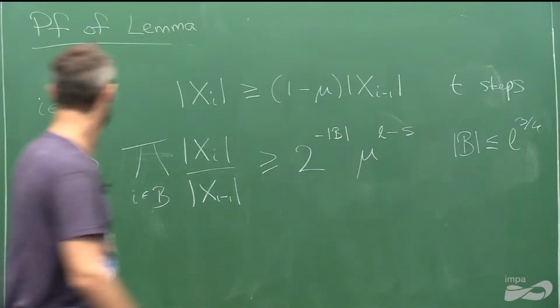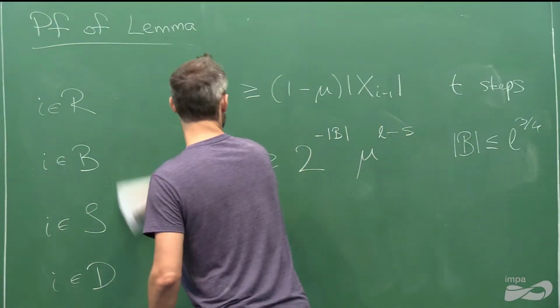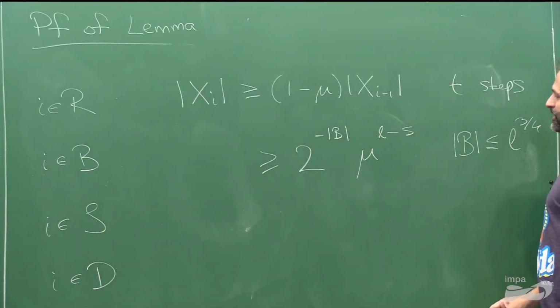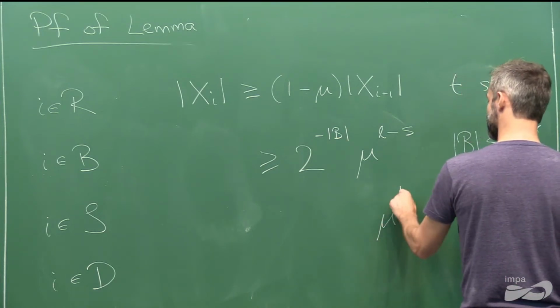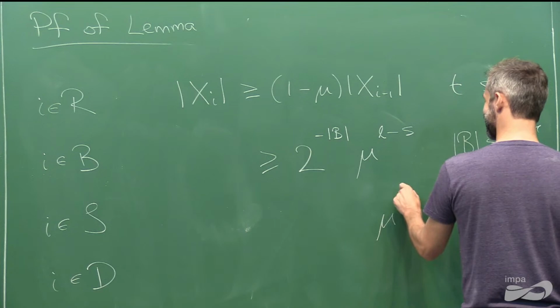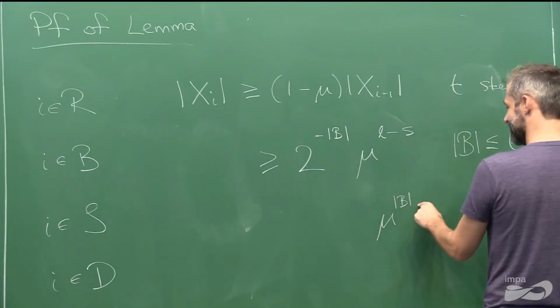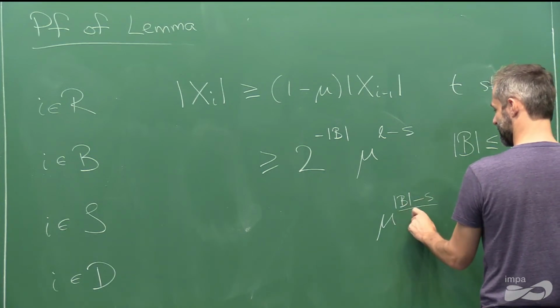Sorry, Ramsey. Yeah, please. Isn't it like size of B minus S over the size of S, which is like L to 1/4 or something?